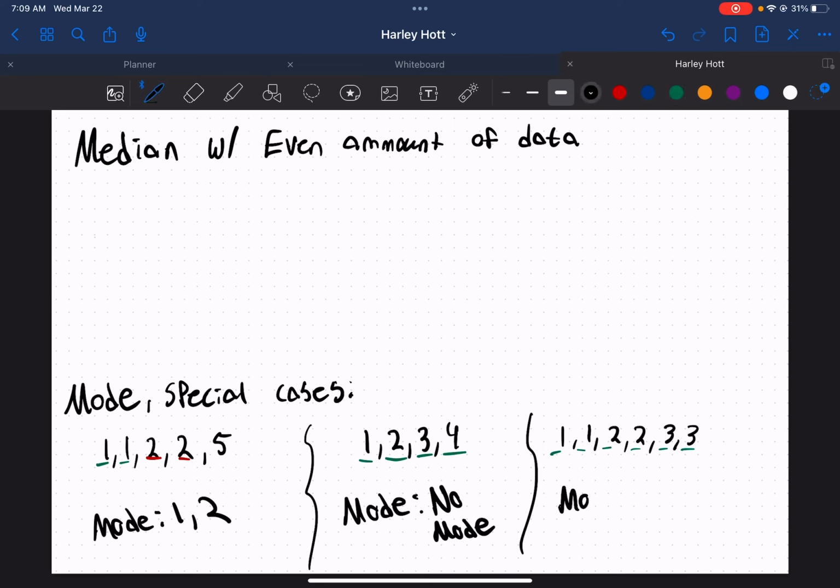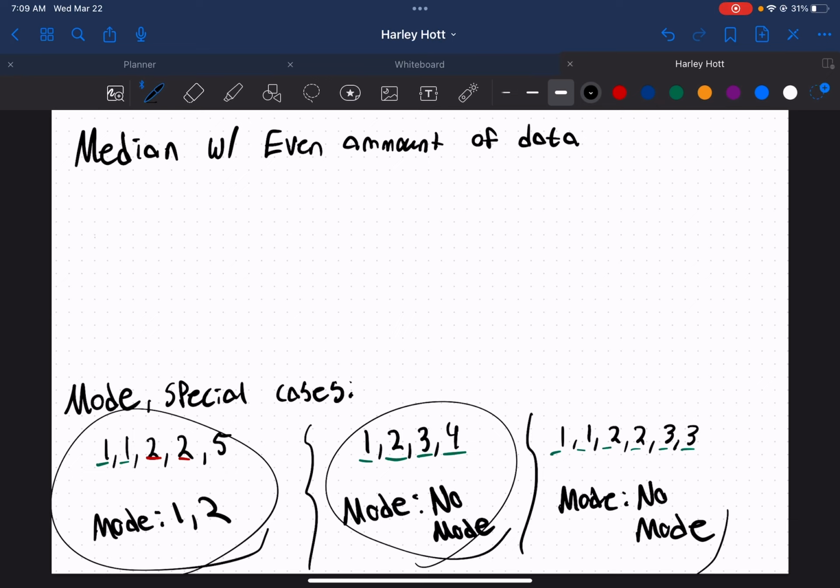So here again, there is no mode. We only have a mode if it's more common. If everything's tied for first, then there's no mode. So in this first circumstance, we had two numbers tied for first, so there were two modes. But because all of them were tied for first over here, there's no mode.